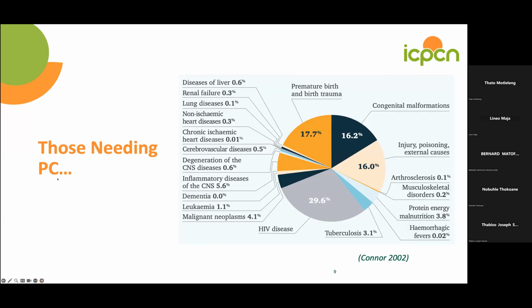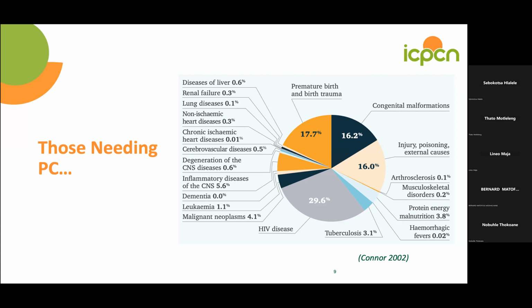So as I mentioned earlier, the children that need access to palliative care. This is from the recent atlas in children's palliative care. And you can see that there's a wide range of children needing access to palliative care. Those with HIV disease, those with injury, a large proportion, over 30%, with premature birth and birth trauma or congenital malformations.